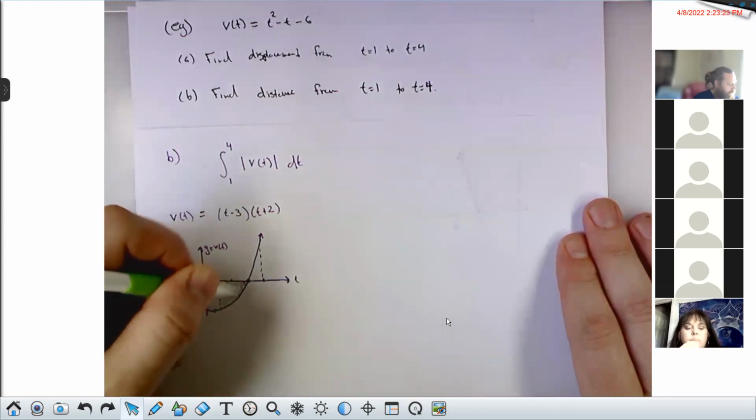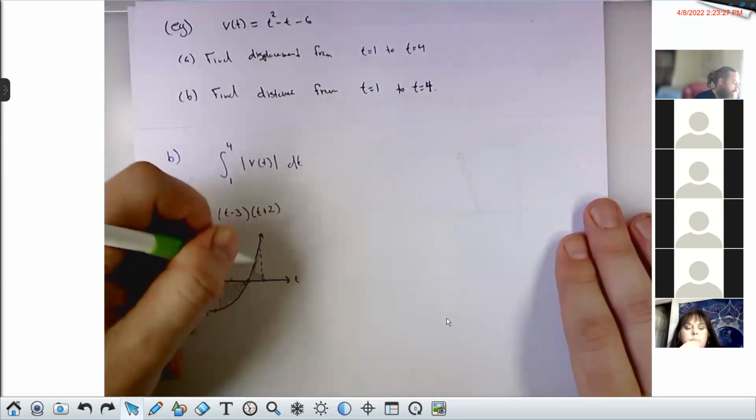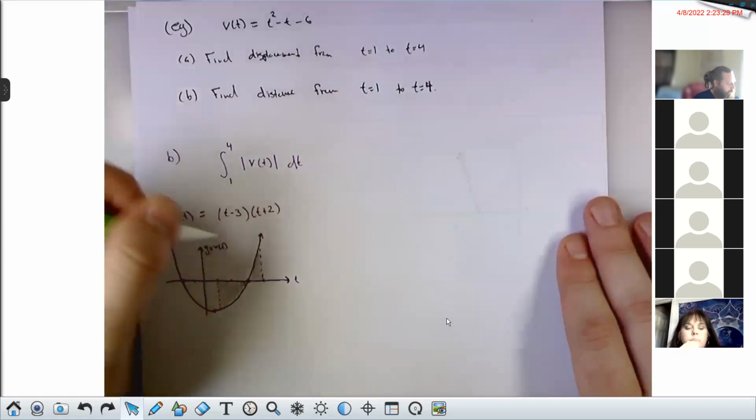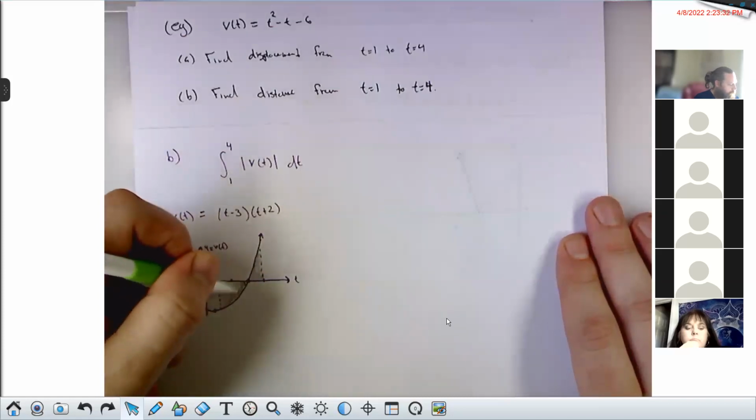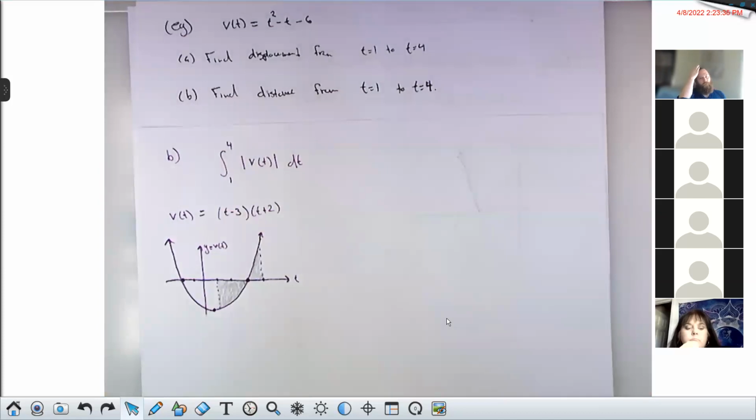In the first integral we did, that gave us that negative 9/2. That was measuring that lower piece of area as negative, and the second piece of area here is positive. So we know the lower piece is larger for sure, because it outweighs the positive piece. But the question is, what if I measure both of those areas as positive to get the distance traveled?